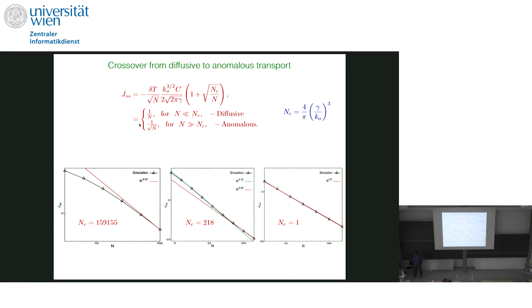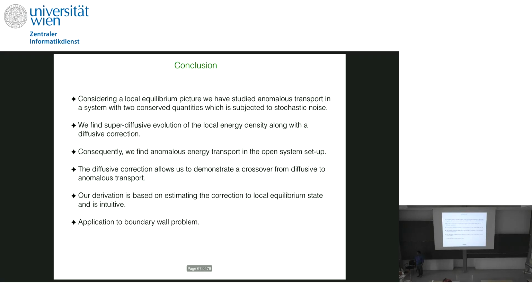So this brings me to the end of my talk. So this is the conclusion. I have mainly discussed anomalous transport in a 1D system with two conserved quantities, and I have considered the local equilibrium picture, which is slowly evolving and slowly varying.